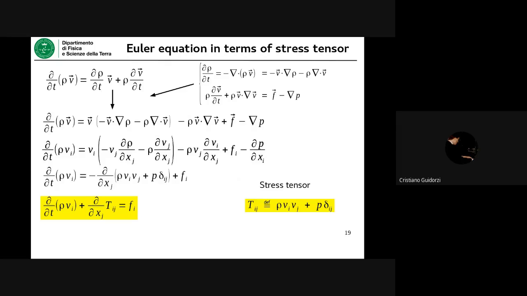Now you can rewrite, so essentially, what is the Euler equation? We exploited the Euler equation, so that's where it comes from. This is a vector equation, just projected on the ith component, but still a vector equation. And here you have the divergence of something, and this something is the stress tensor. So we can use our geometric way of writing, geometric in the sense that it no longer depends on the coordinate system that you use.